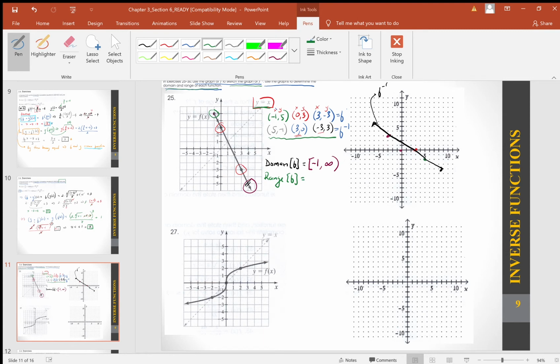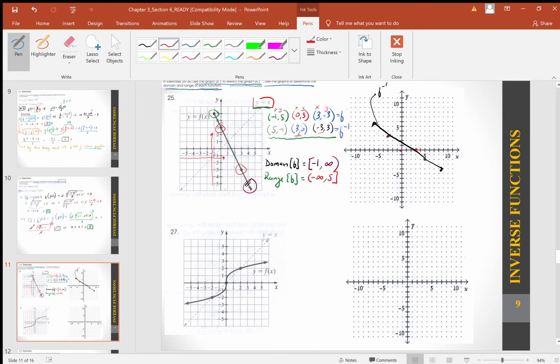And the range is going to be the y value, right? And that's along the y-axis. As I said, the range is along the y-axis. The domain's along the x-axis. So it's going to be -infinity because it's starting from here. And it goes all the way up to 5. Okay?